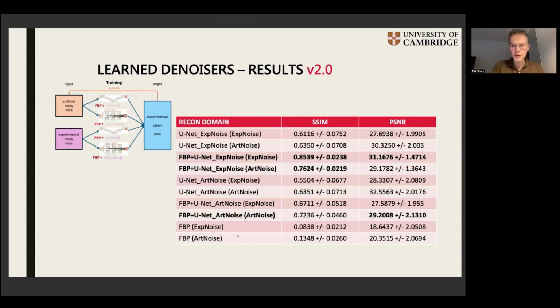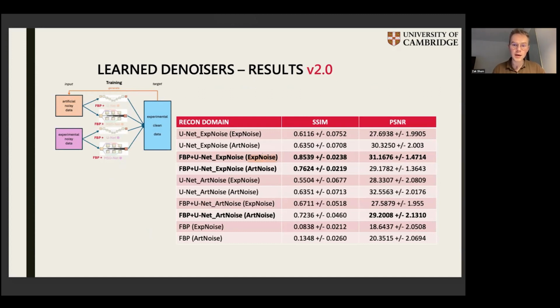Now, this is a very large table. There's no point in getting too much into the details. But the basic idea: the left side says which noise the network was trained on, and the right one says which noise it was deployed on.